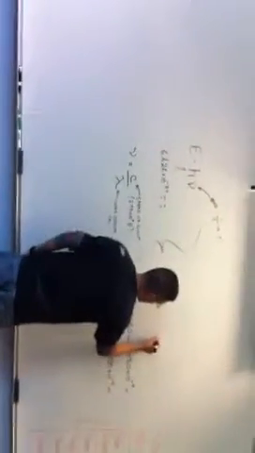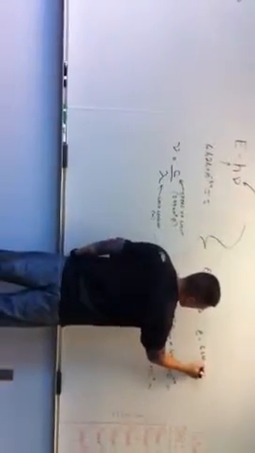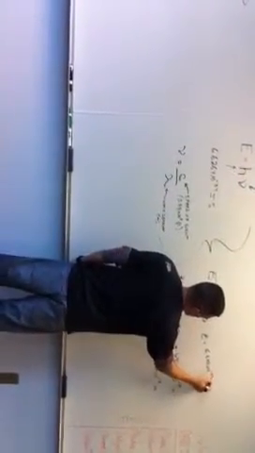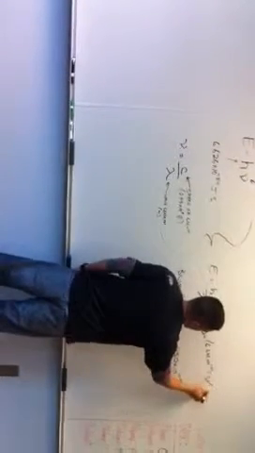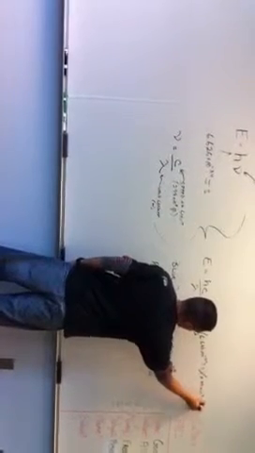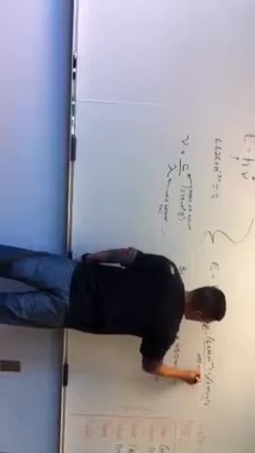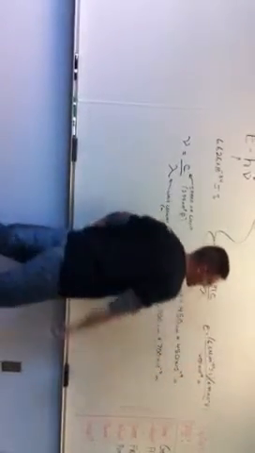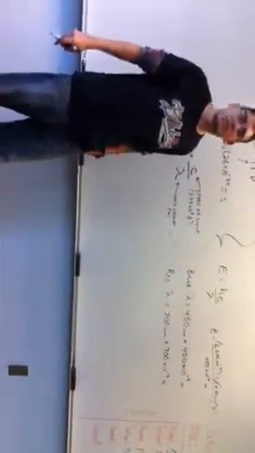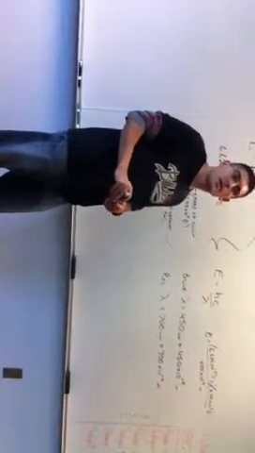So for the first one, energy is equal to 6.626 times 10 to the negative 34 joule seconds times the speed of light, divided by the wavelength. And what's that for the answer? Oh, I didn't convert the first one.